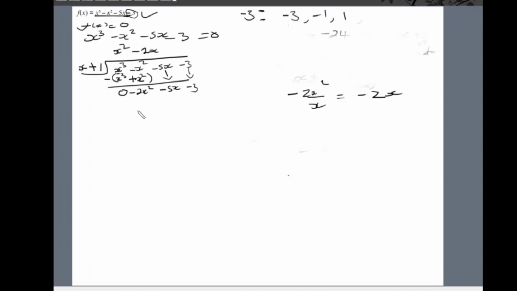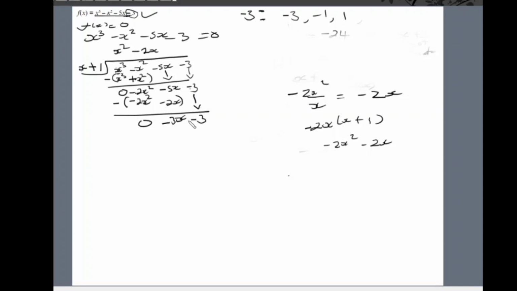So there I will have minus 2x. And then after having minus 2x, I multiply x plus 1 with minus 2x. So this will give me minus 2x squared minus 2x. And then minus 2x squared plus 2x squared will be 0. Minus 5x plus 2x will be minus 3x. Minus 3 will come down.